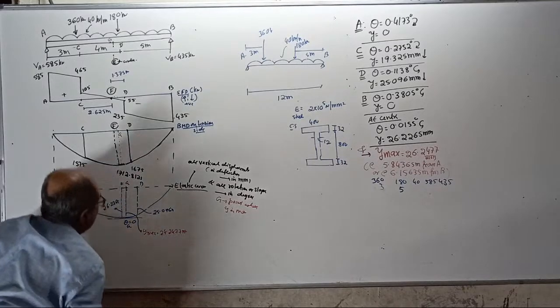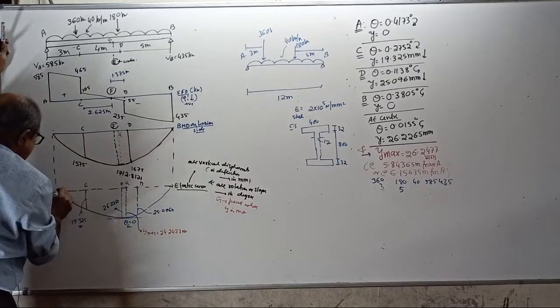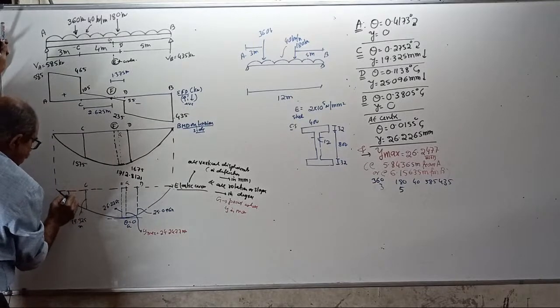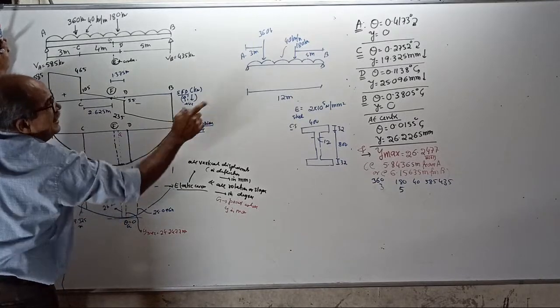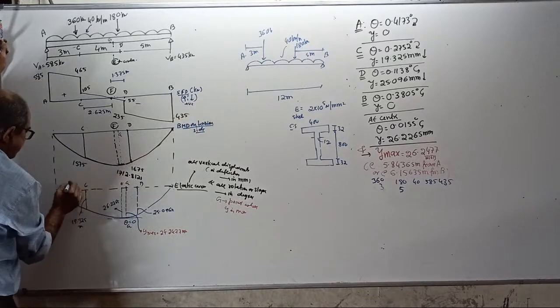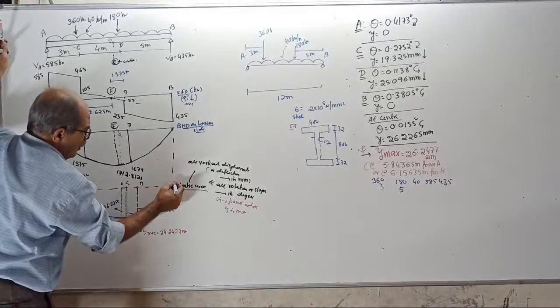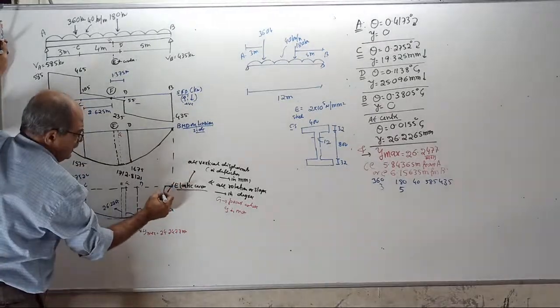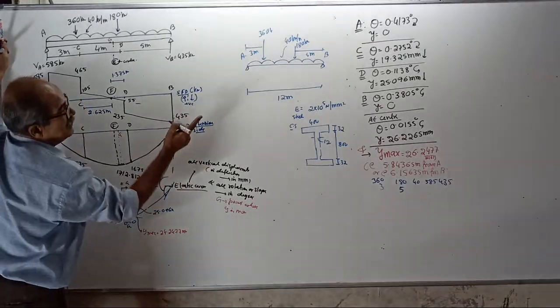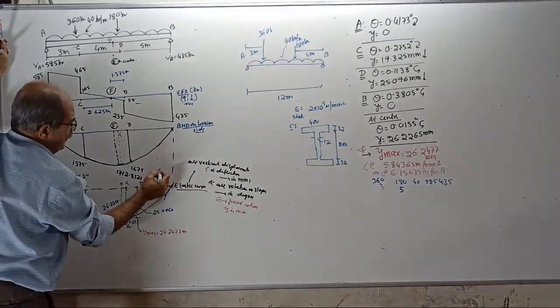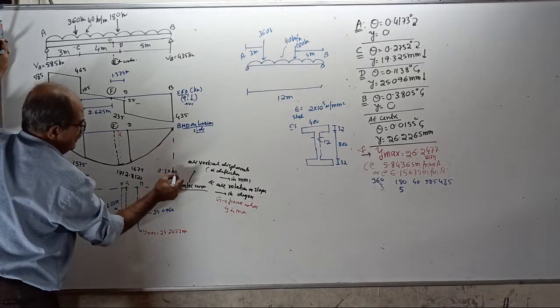And then, if I draw a tangent here, the slope is clockwise of theta A, 0.2752 degrees. If I draw a tangent here, the slope is anti-clockwise of theta B, 0.3805 degrees.